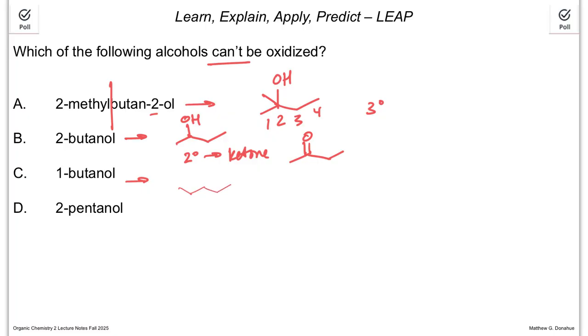1-butanol is just the isomer, so that is now a primary. If that went up just through a 1-stage oxidation, what functional group is that forming? So that's going to be our aldehyde.